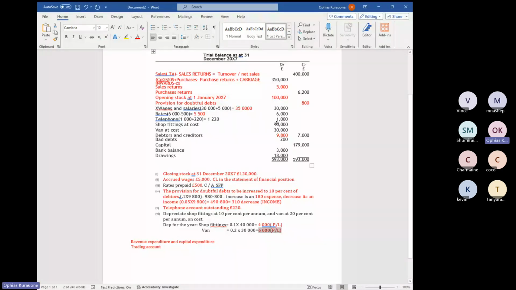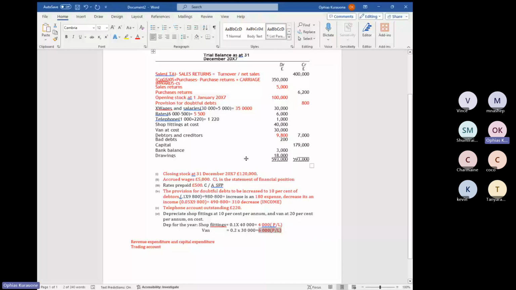Depreciation for the year only, not accumulated depreciation. Why? Because we are using the matching concept. We want only the expense which was incurred in that particular period, for the period of 1 January 2007 to 31 December 2007. That is the only amount that we need. So we only calculate the depreciation for the year.